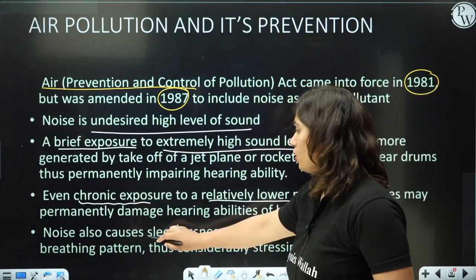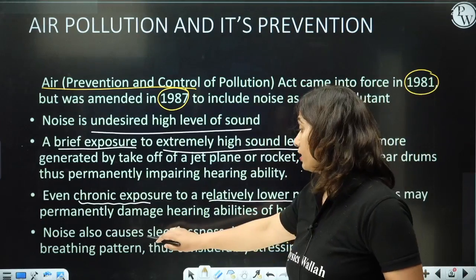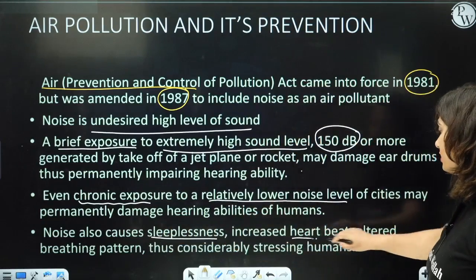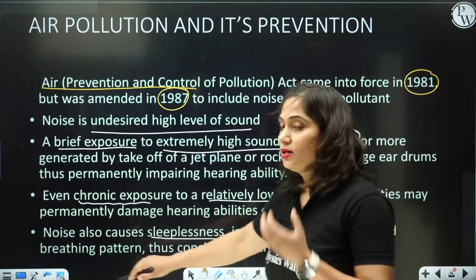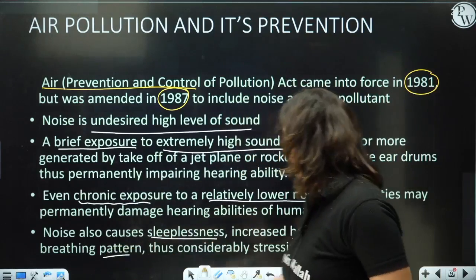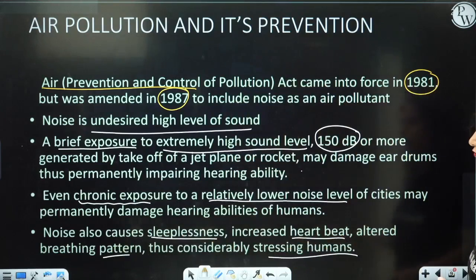And what can noise cause in humans? It can cause sleeplessness, increased heart rate, and altered breathing pattern, and it is thus considered stressful for humans.